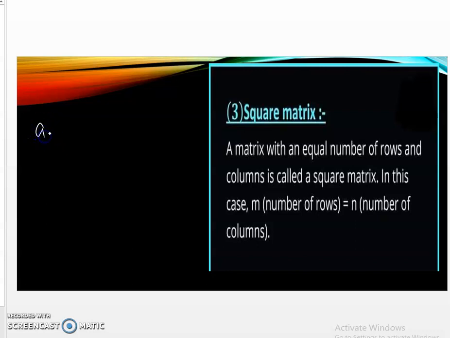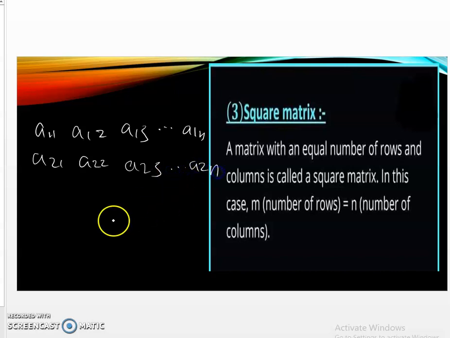So we have A11, A12, A13, up to A1n. We also have A21, A22, A23, up to A2n. We have A31, A32, A33, up to A3n.